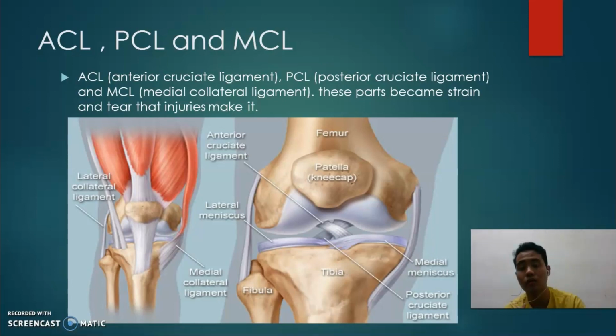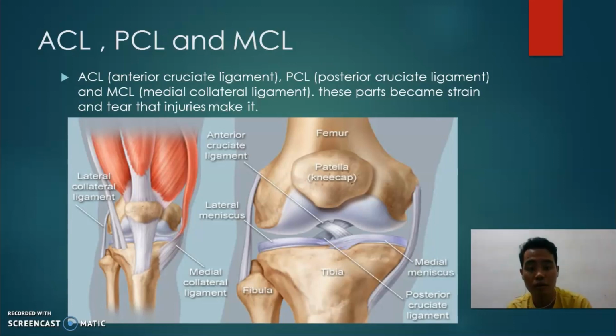So the next one is ACL, PCL, and MCL. ACL is the anterior cruciate ligament, PCL is the posterior cruciate ligament, and MCL is the medial collateral ligament.